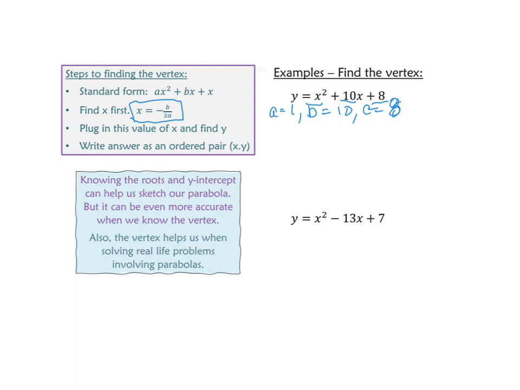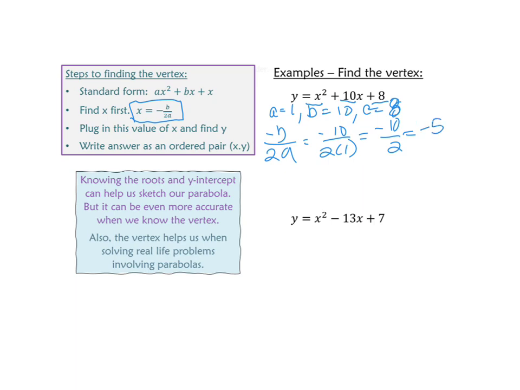Negative b over 2a then is our formula, which means negative 10 over 2 times 1, which means negative 10 over 2. What's negative 10 divided by 2? I think you know that. It is negative 5.